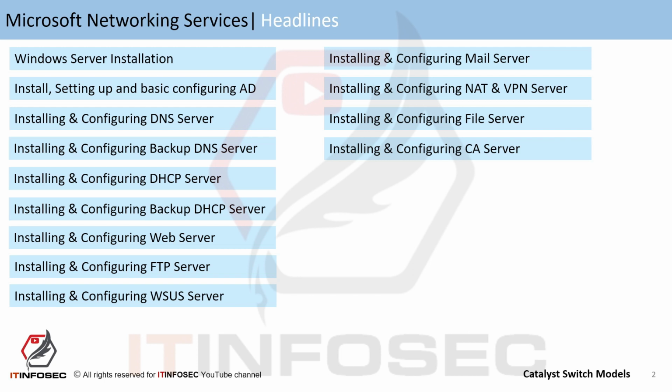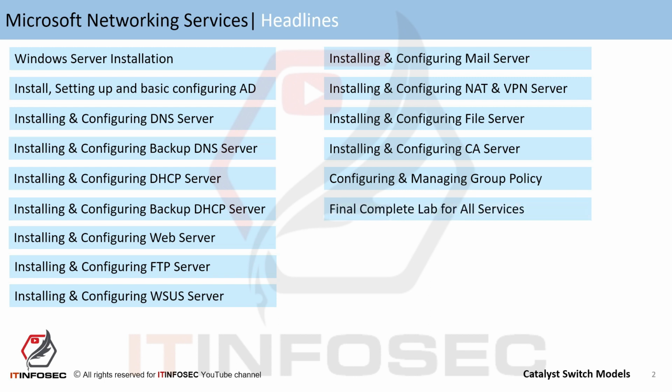And we will practically perform installing and configuring the CA server, certification authority, and we will talk about configuring and managing group policy for performing any security policies through group policy as centralized.